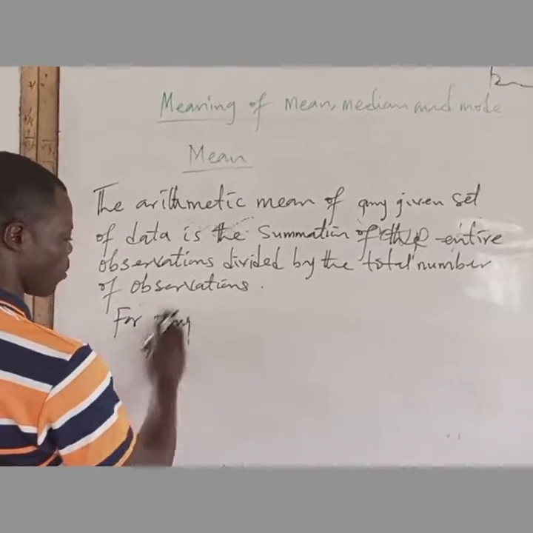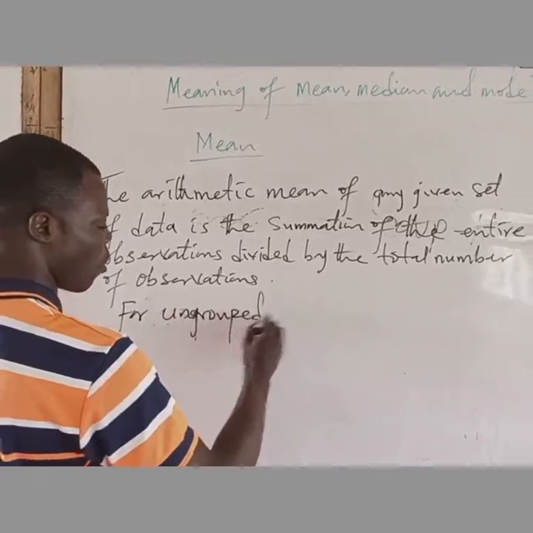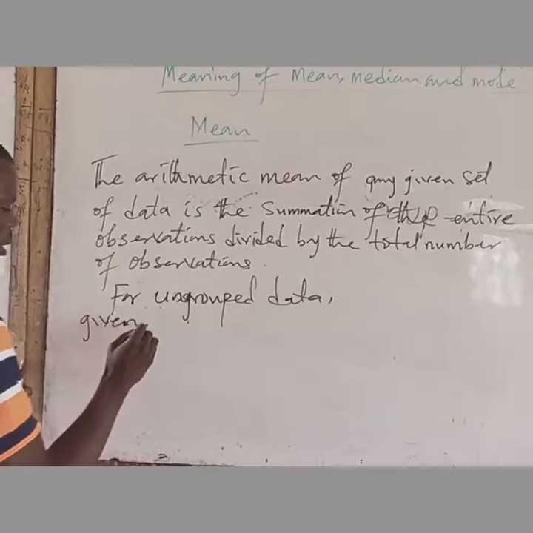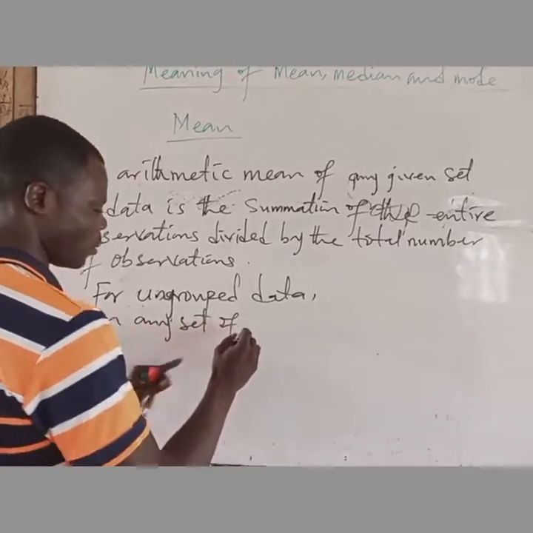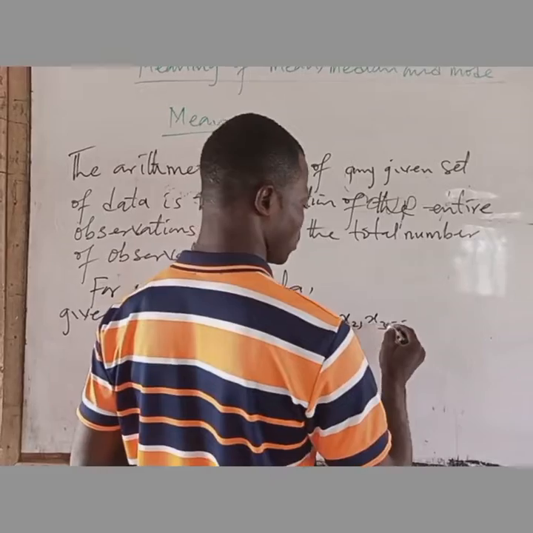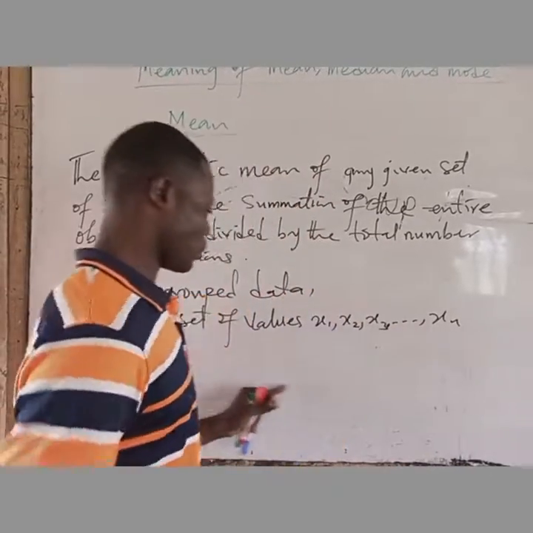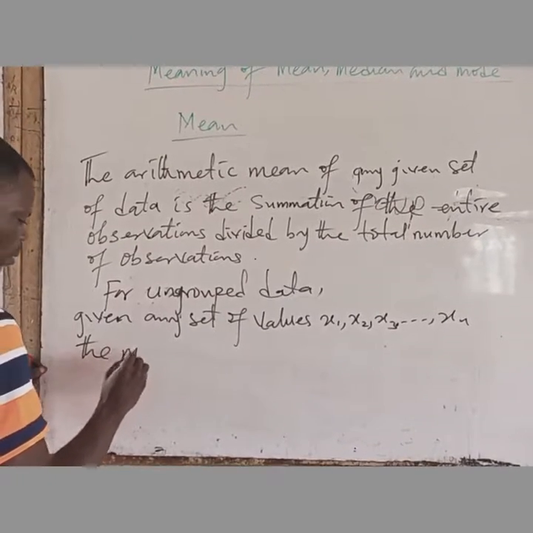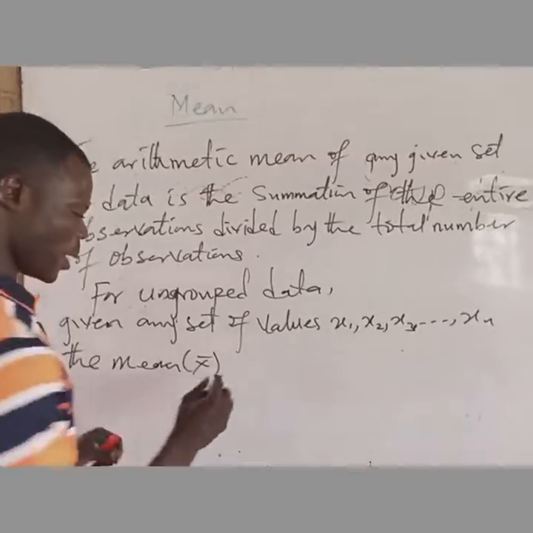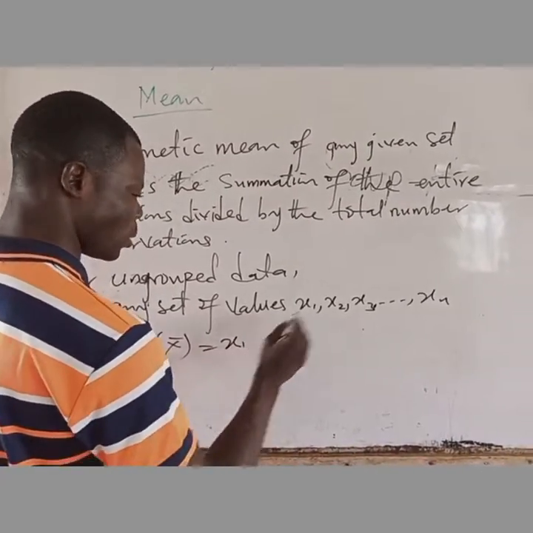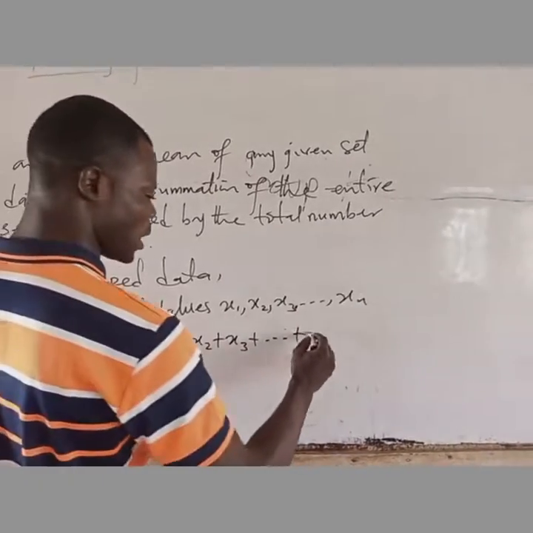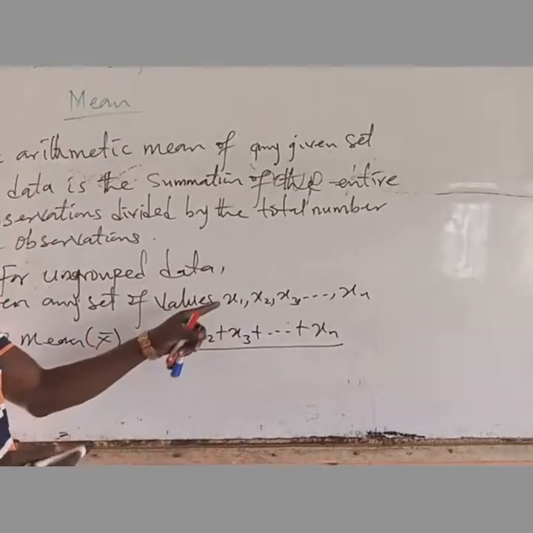For ungrouped data, given any set of values x1, x2, x3 till xn, the mean, which is also written as x bar, is given as the sum of x1 plus x2 plus x3 plus, to the last value, all over the number of observations.